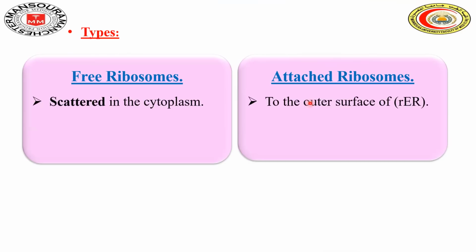Regarding the attached type, it's attached to the outer surface of rough endoplasmic reticulum. Actually, both types are synthesizing proteins, but in the free type, the produced protein is used inside the cell, used by the cell itself. They are not producing protein to get out of the cell.